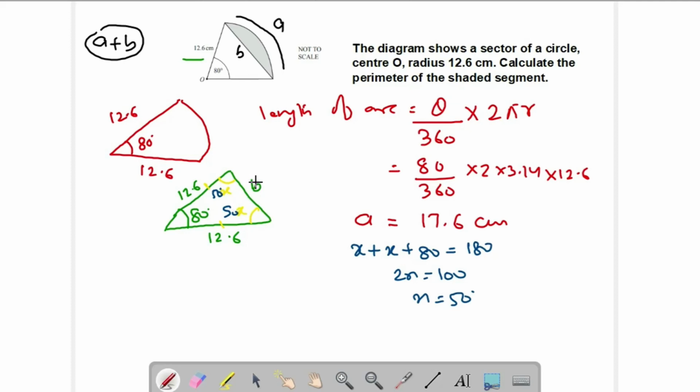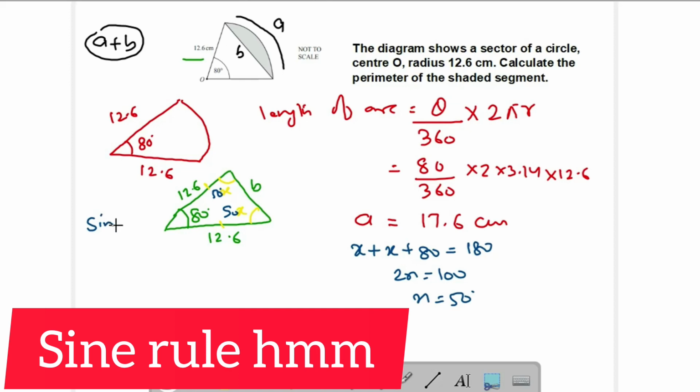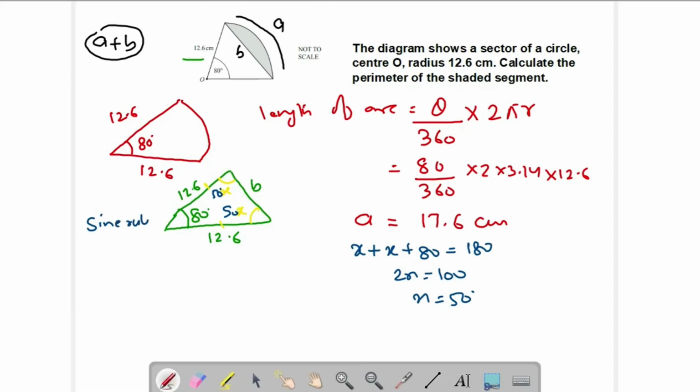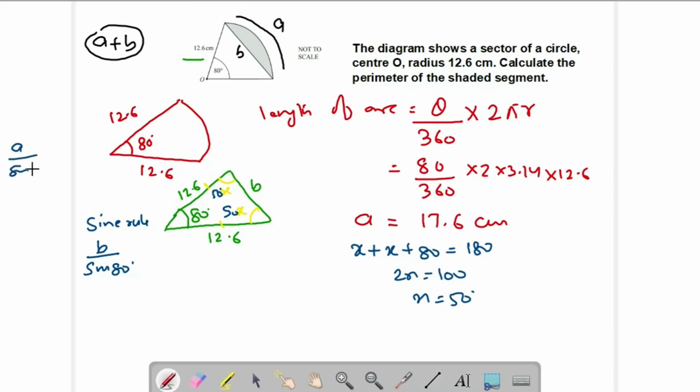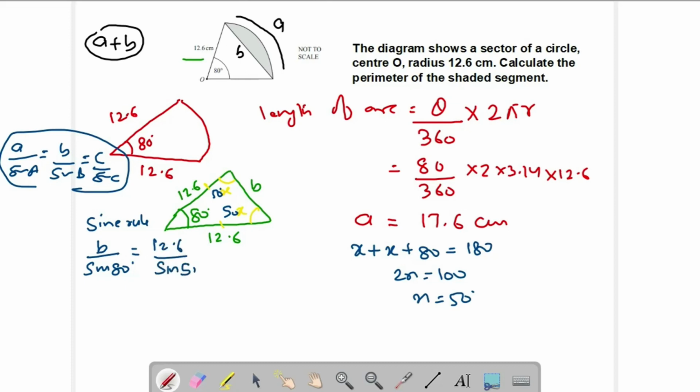Now we have to identify B. B and the opposite angle are given. We can take another angle and its side, because both sides are known. Since side and angle properties are involved, we can use the sine rule. The sine rule is A upon sine A equals B upon sine B equals C upon sine C. So B upon sine 80 is equal to 12.6 upon sine 50 degrees.